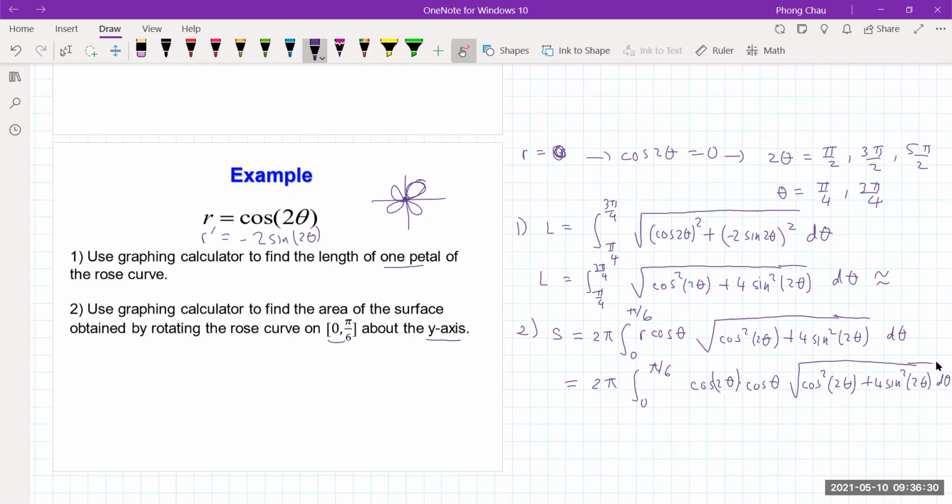All right, so that's all. And again, use a calculator to approximate the answer. That finishes the last section of chapter 10.